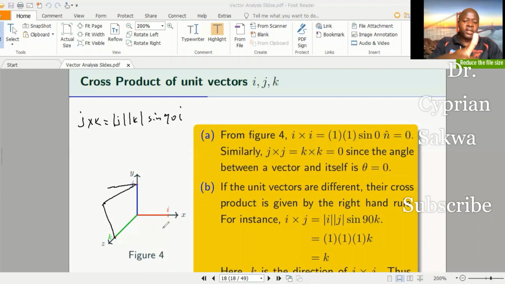So I becomes the unit vector perpendicular to both J and K. What we get here: the magnitude of J is 1, the magnitude of K is 1, sine 90 is 1, then times I, and so this gives us I. That means J times K is I.